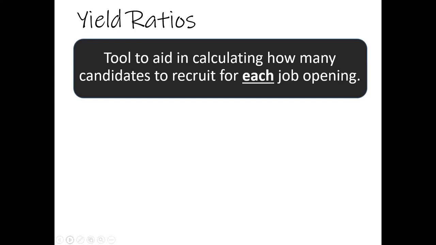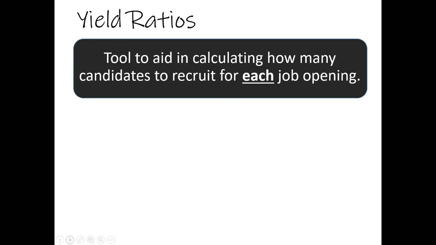When you may be tested, and I have seen this on a PHR as well, because these are more like day-to-day things that we do, we studied yield ratios in Unit 2, where we were talking about recruiting and selecting.